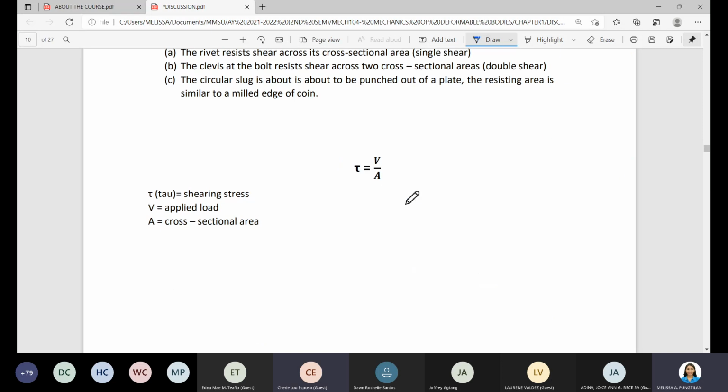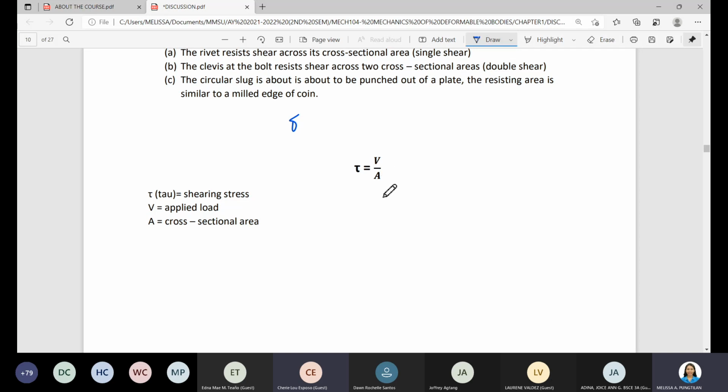Yun yung three basic concept ng ating shear stress. So, yung ating shearing stress is denoted as the tau. Yan, tau. Kung sa normal stress kanina, sigma. Dito naman, tau. Okay? Shearing stress is tau, which is equal to the applied load, or V, divided by the cross-sectional area. V or P, parehas lang yan.